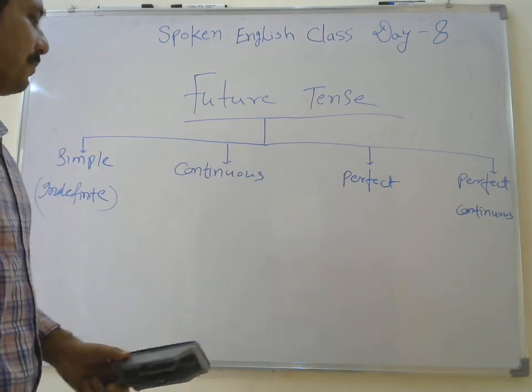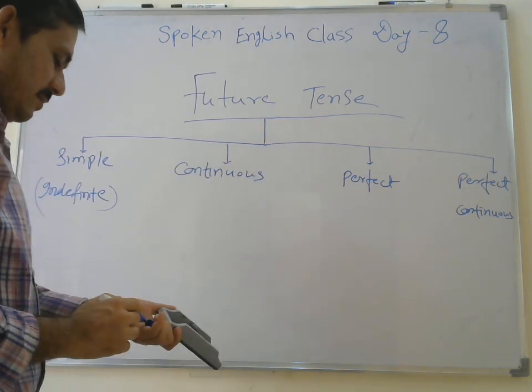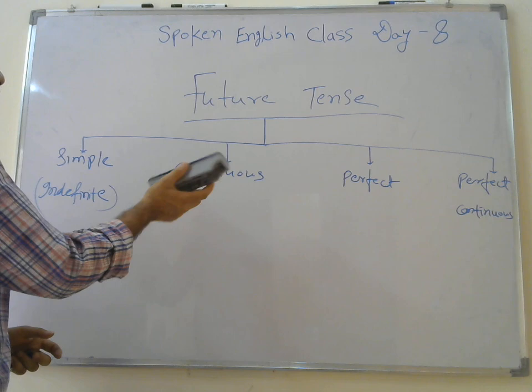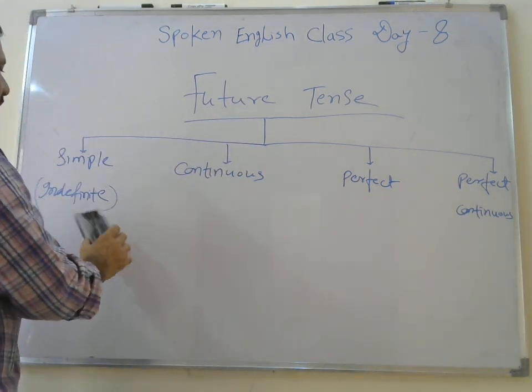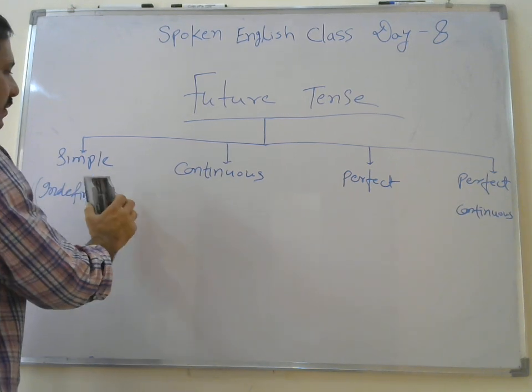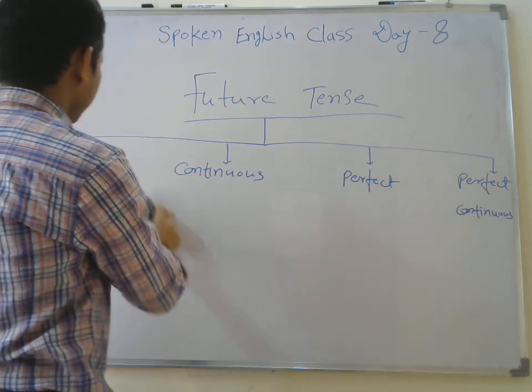So future tense. This type we have already seen. We have been studying for quite a long time now, and in all the previous two tenses we have studied these 4 subtypes of tenses, that is indefinite, continuous, perfect and perfect continuous.